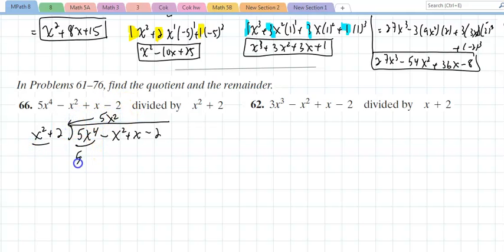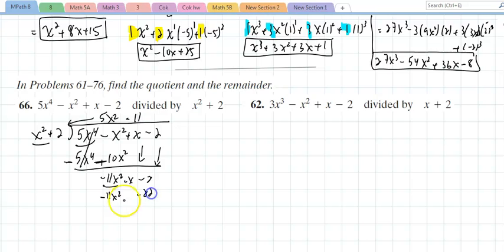Multiply. Subtract. Bring those down. 11x squared divided by x squared is a negative 11. Subtract.